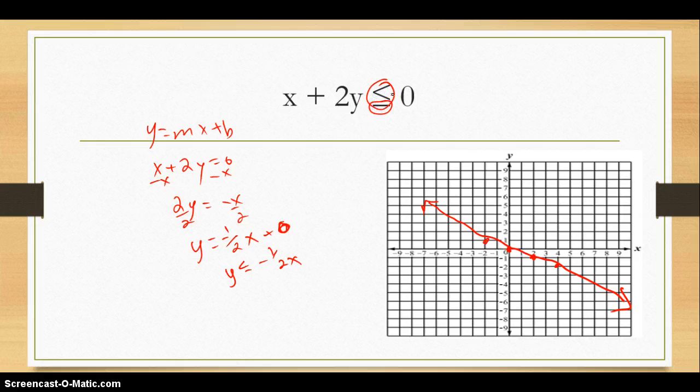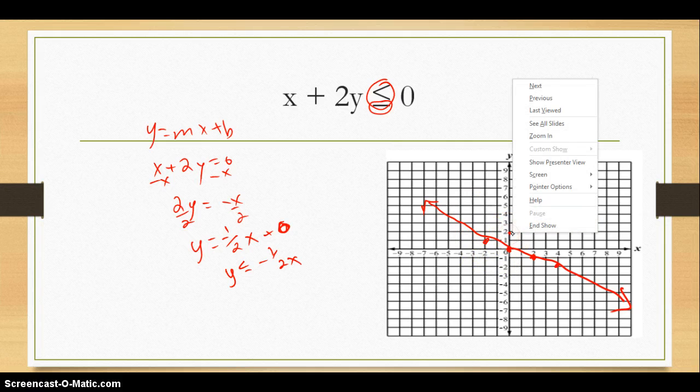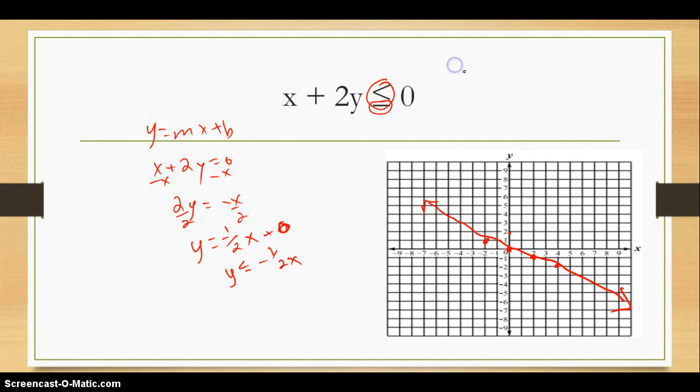Very important. So let's choose a point. It's on 0, 0, so we've got to pick a point that's not on the line. So let's choose 0, 2. So 0 plus 2 times 2 is less than or equal to 0.